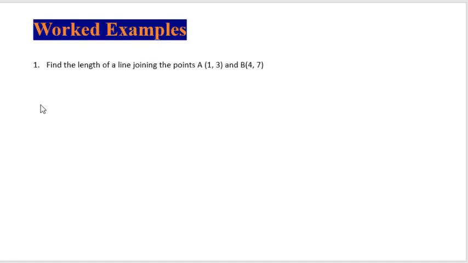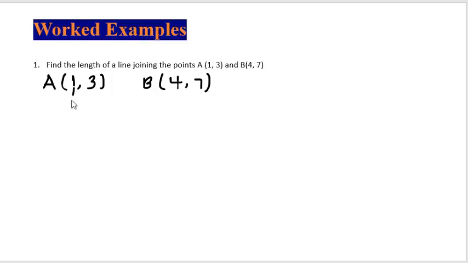So looking at our first point here, point A, we have 1 and then 3. And our point B is giving us 4 and 7. Correct.